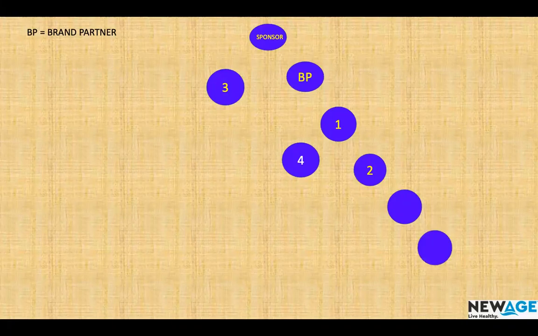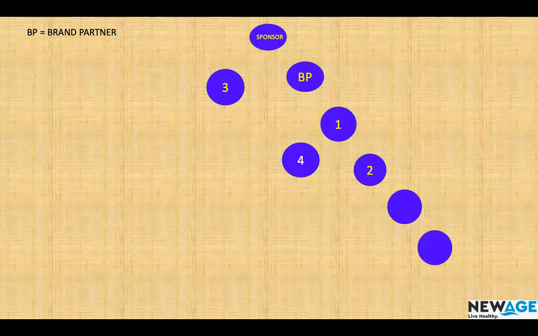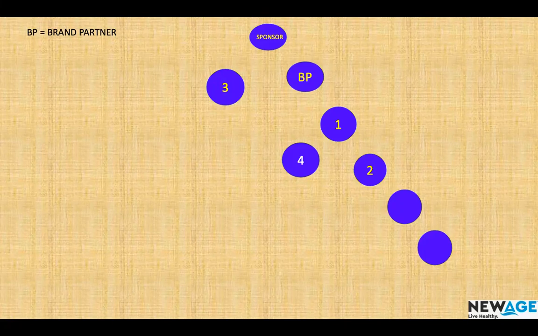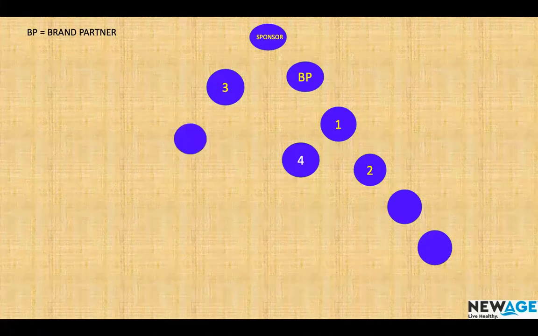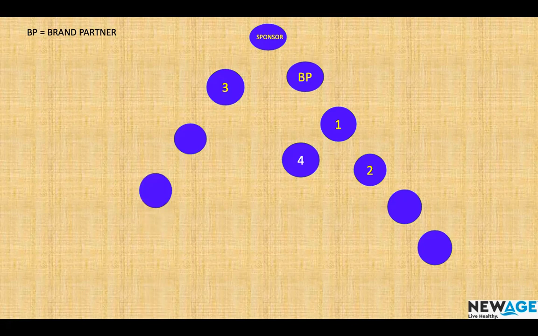So number 2 enrolls, and it goes under the power leg. So it's carrying on with that line. So that line stays the power leg. Then number 3 enrolls, and it puts somebody under number 3. So it's creating the power leg for number 3 now, and it carries on.